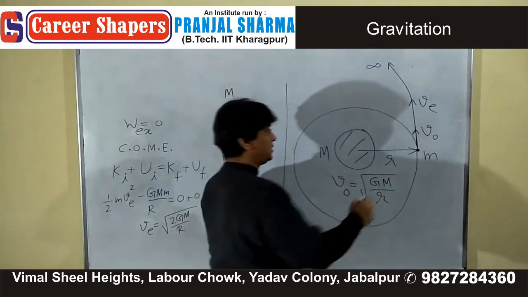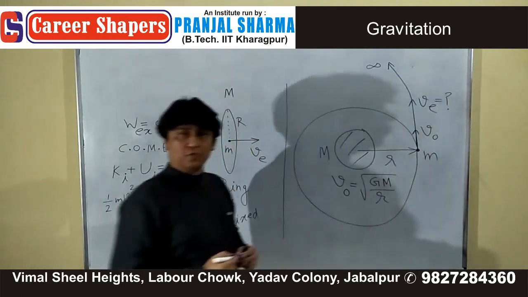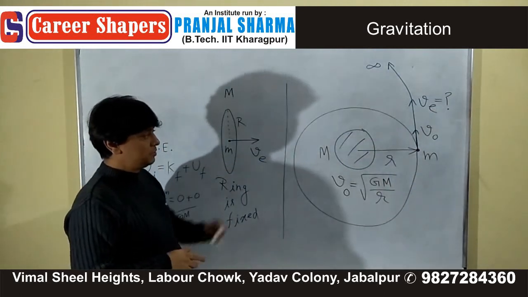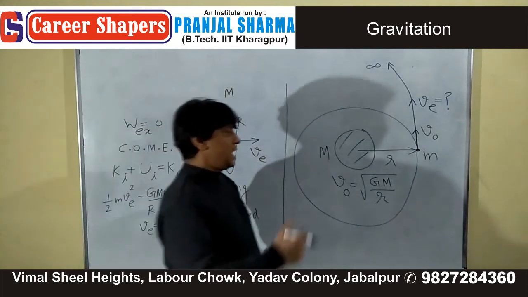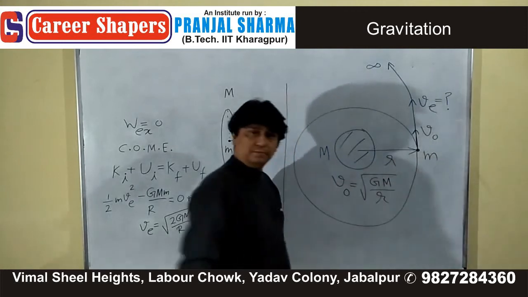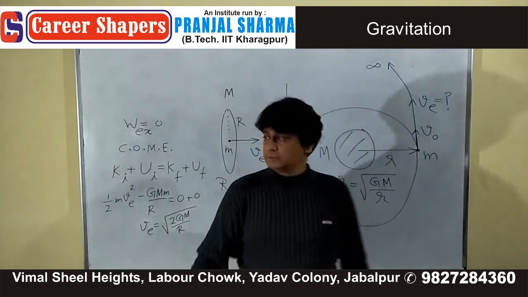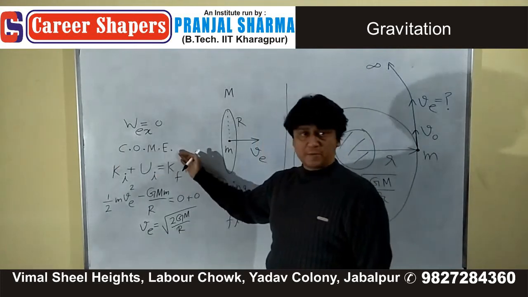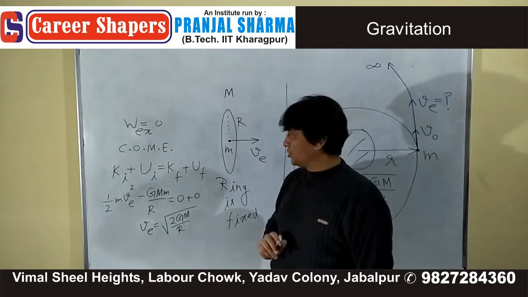The aim is to find VE in terms of VO. Pause the video, try to answer this question. Every question of this type is always solved with the help of COME.